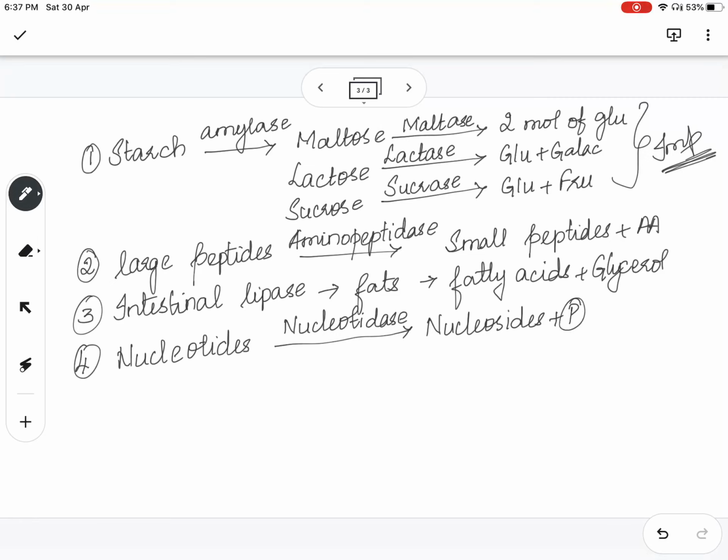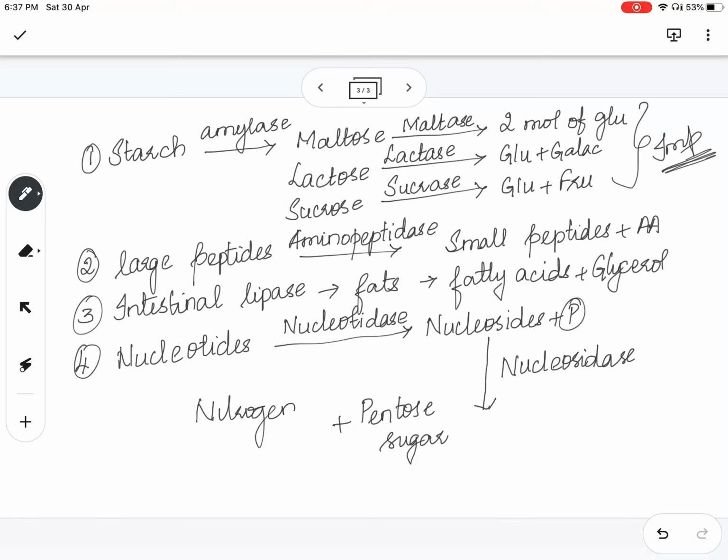Then this nucleoside is broken down using the enzyme nucleosidase to form pentose sugar and nitrogen base. So these are the reactions which are going to take place in the digestion of food in the small intestine.